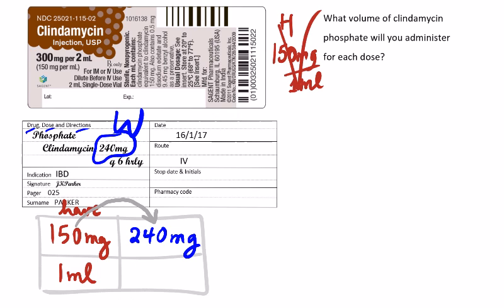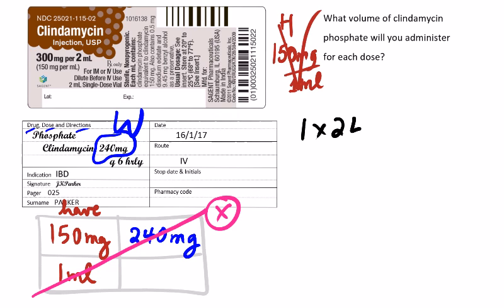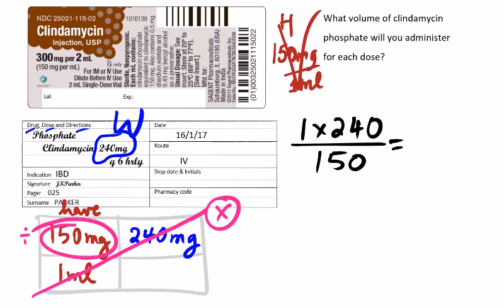We have to simply look for the main diagonal, which is always the one that has the 2 elements, and we're going to multiply that 1 mil by 240, and then divide by the third number, which in this case is 150. 1 times 240 is 240, divided by 150.